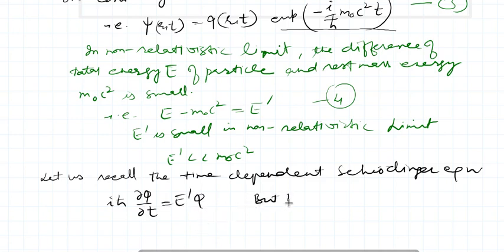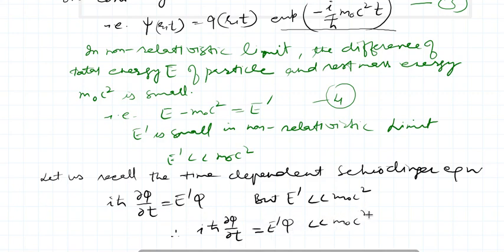But here E prime is very much less than m naught c square. That's why I can write this equation as iota h cross ∂phi/∂t is equal to E prime phi, which is much less than m naught c square phi. Let me call this equation number 5.